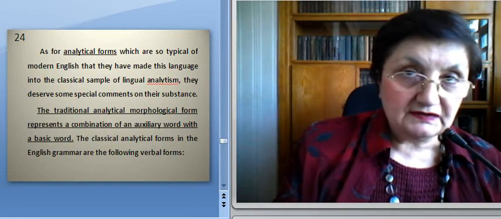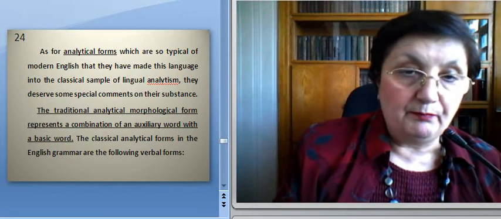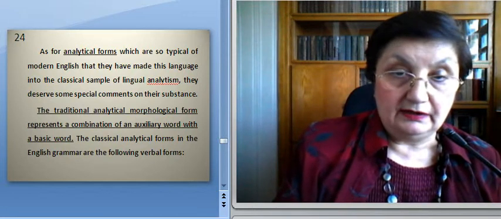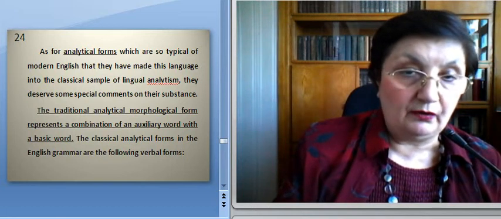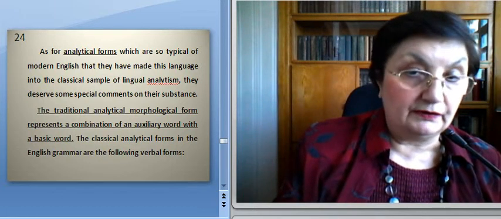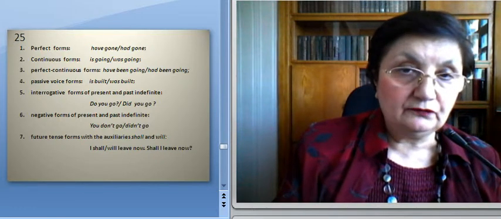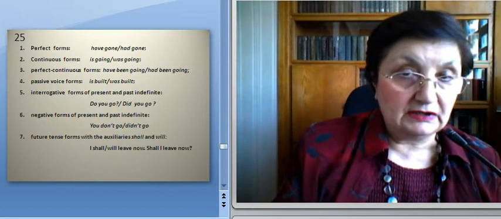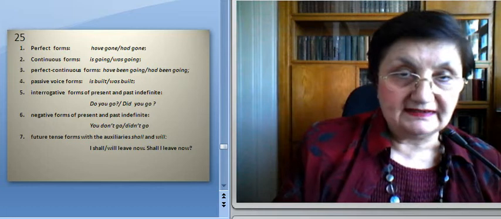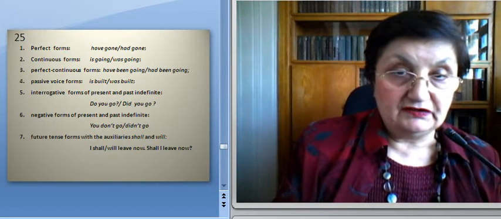First, perfect forms, for instance, have gone, had gone. Continuous forms: is going, was going. Perfect continuous forms such as have been going, had been going. Passive voice forms: is built, was built. Interrogative forms of present and past indefinite such as do you go or did you go.